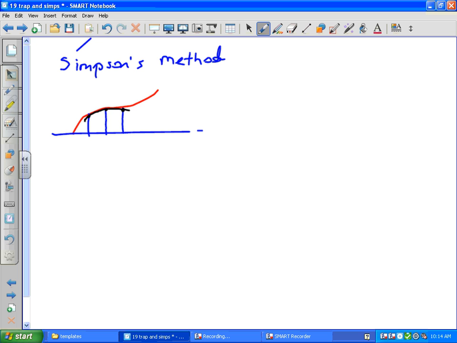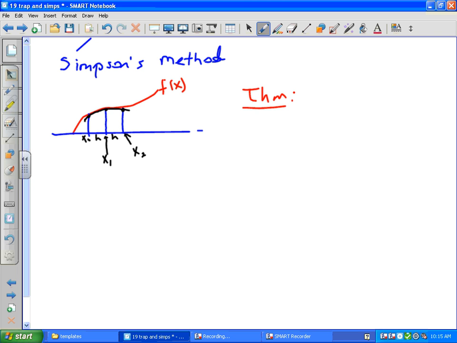If this distance is h, and this is your point x sub 0, the first one, this next point is x sub 1, and the next point here is x sub 2. And if this red curve is your f of x, there is a theorem that states the following.